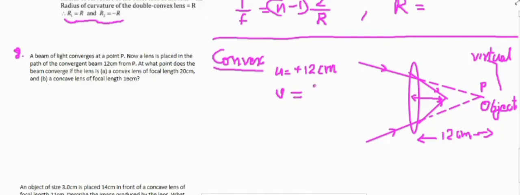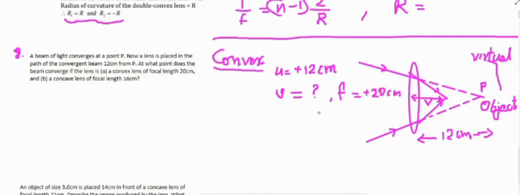When you find v, you will get the place where the new image is formed. And f is already given in the question. f is equal to 20 centimeter, plus 20 because it is a convex lens.